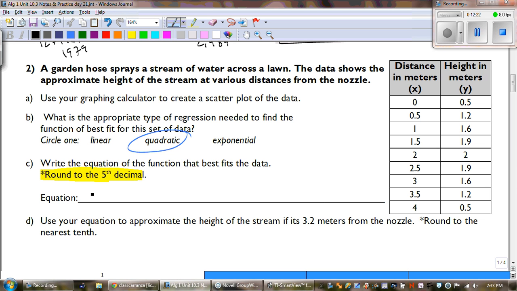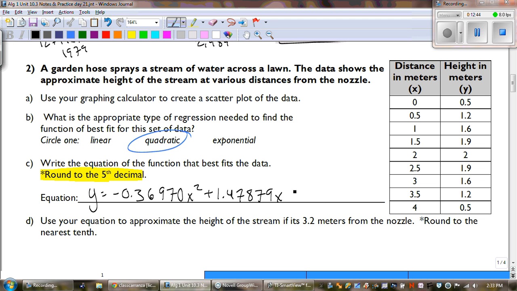And you should get that y equals -0.36970x squared plus 1.47879x.